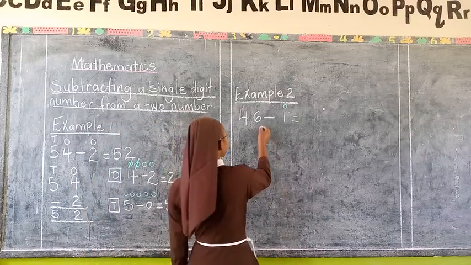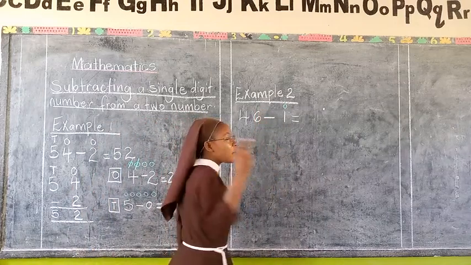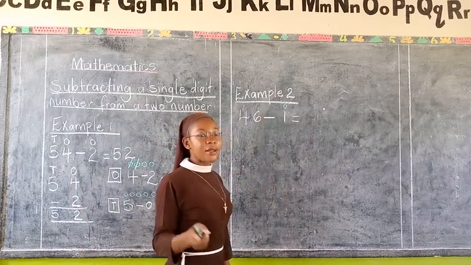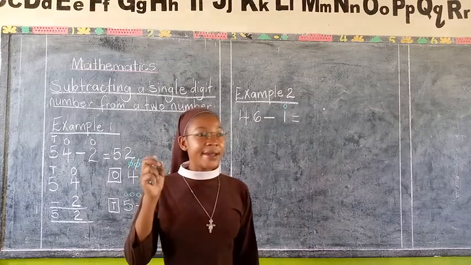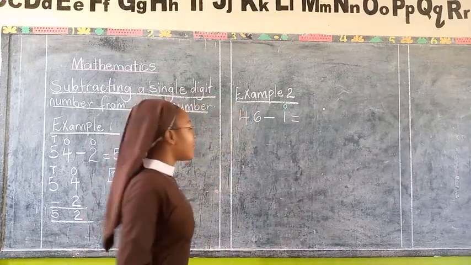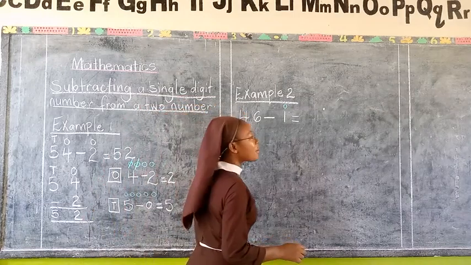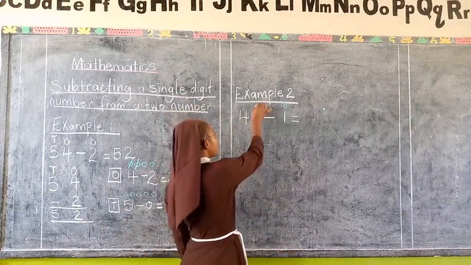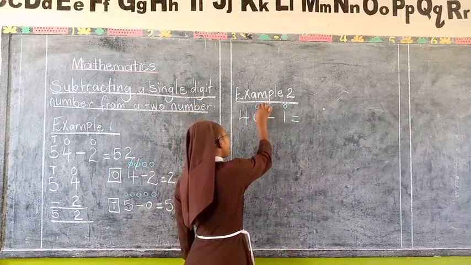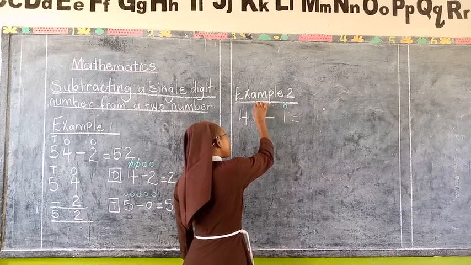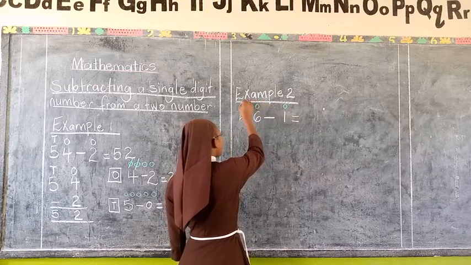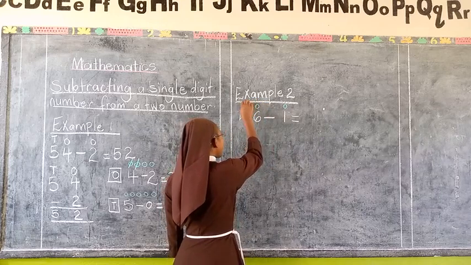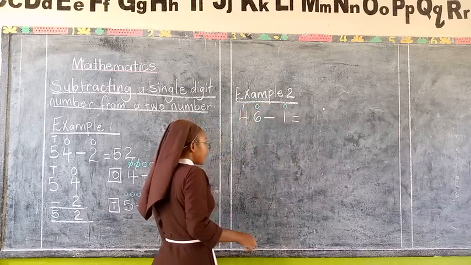It has 2, so it has 2 place values, the ones and the tens. We say the first place value is always the ones. So we shall write letter O to represent the ones, and we shall write T here to represent the tens.